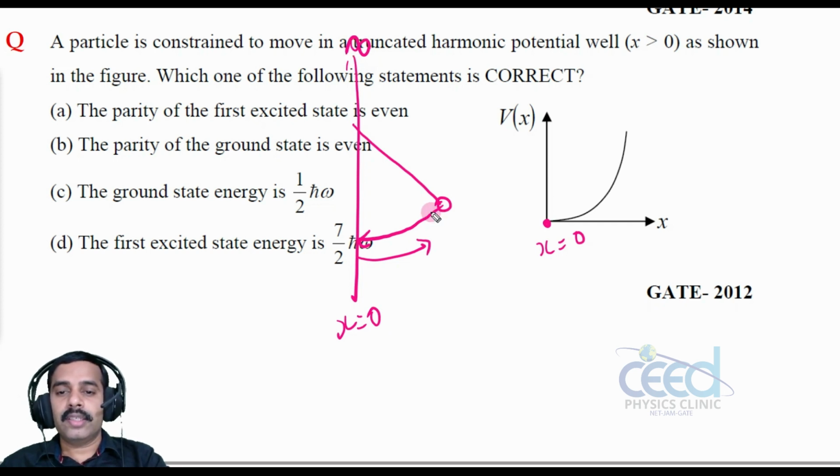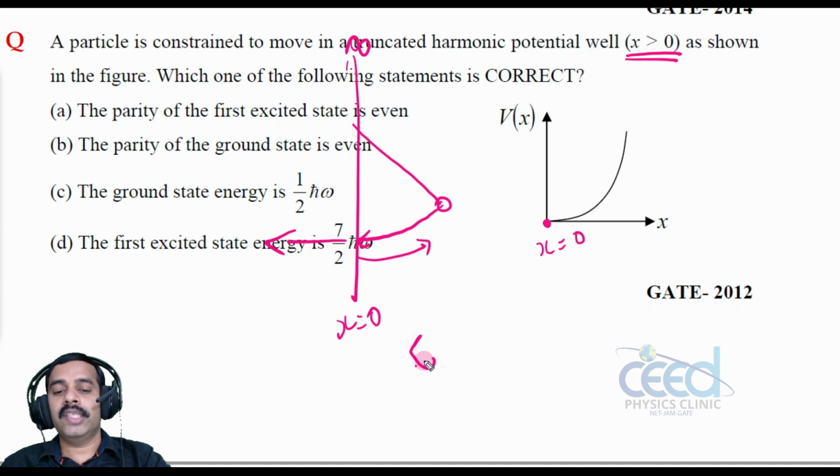The case given is a one dimensional harmonic oscillator case. Particle constrained to move in a harmonic potential well with x greater than 0 only. It can't come to this region. So here the potential is infinity.